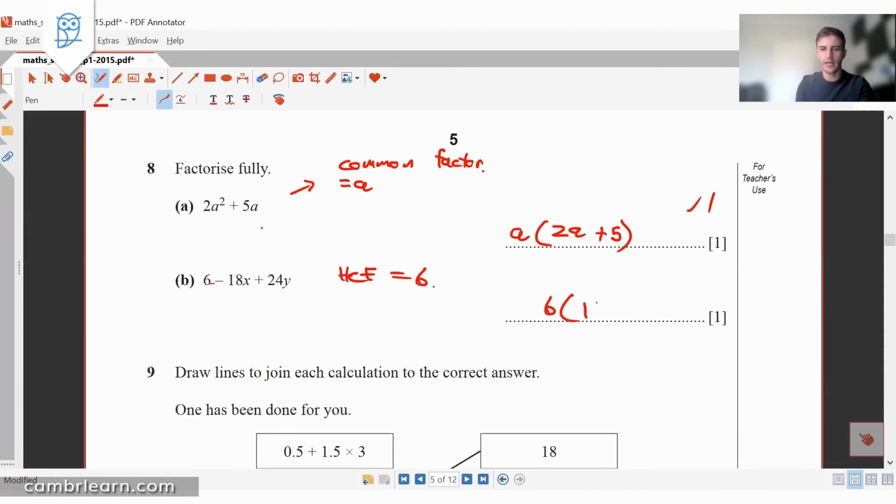We will have 1 minus 3x plus, so what's 24y divided by 6? This is just plus 4y. And remember that you can test this. You can just distribute this back into the brackets. If you get to your original answer, know that you have factorized correctly.